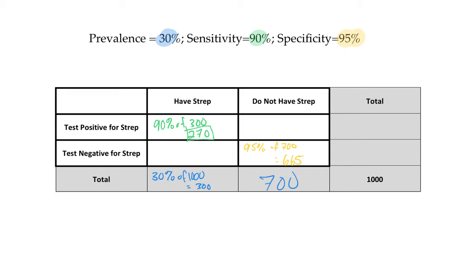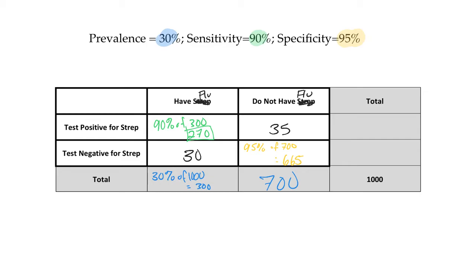Now, we can find the other values by making up the difference. So if we go and see that in the have strep column, or in this case we were talking about the flu, we see that there's a difference of 30 people, and over here there is a difference of 700 minus 665, 35 people. And so when we want to figure out how many total test positive for strep, we add straight across.